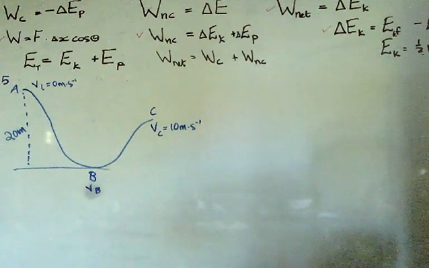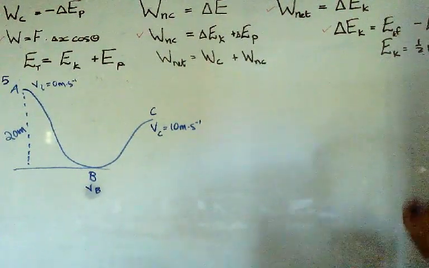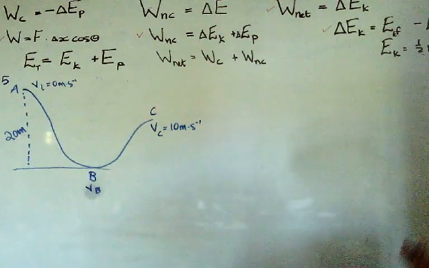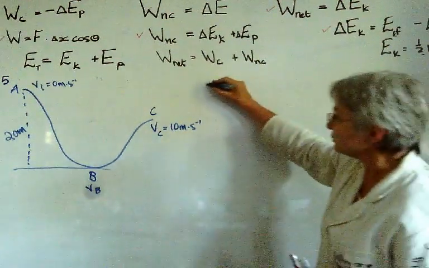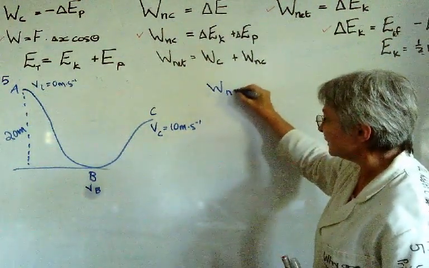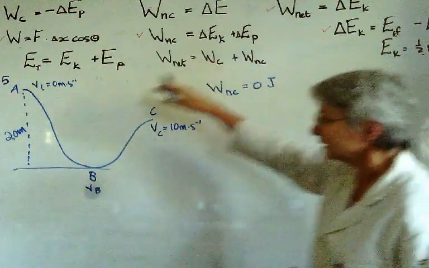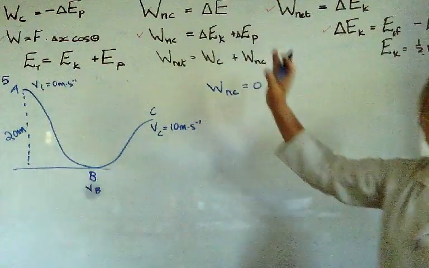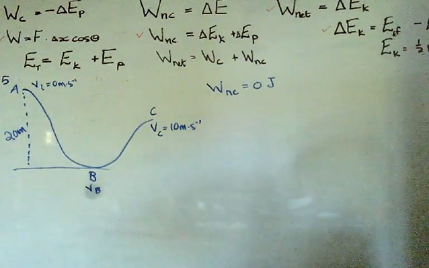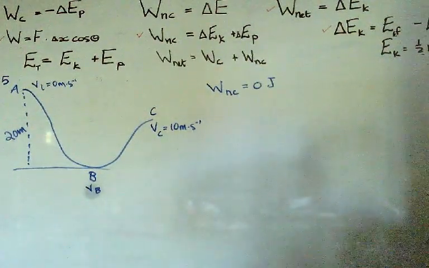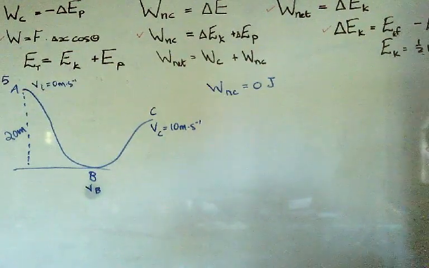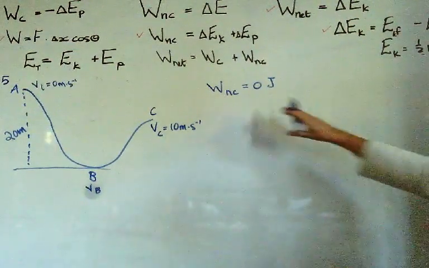It will be 0 because there is no friction or applied force or anything like that. It's only the gravitational force that makes this thing move. So WNC is 0, so I can use 0 equals delta EK plus delta EP.